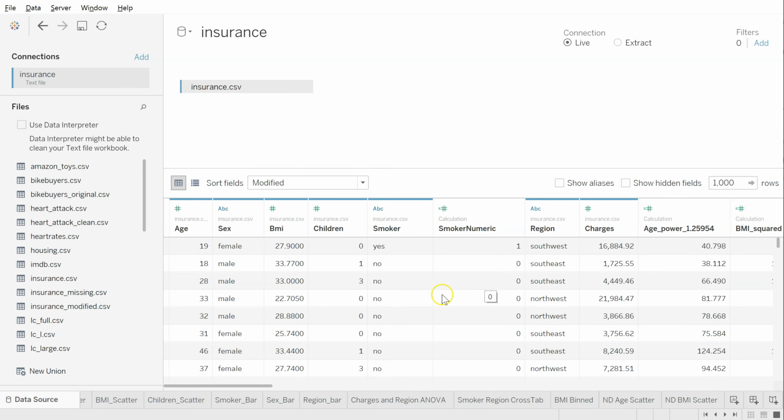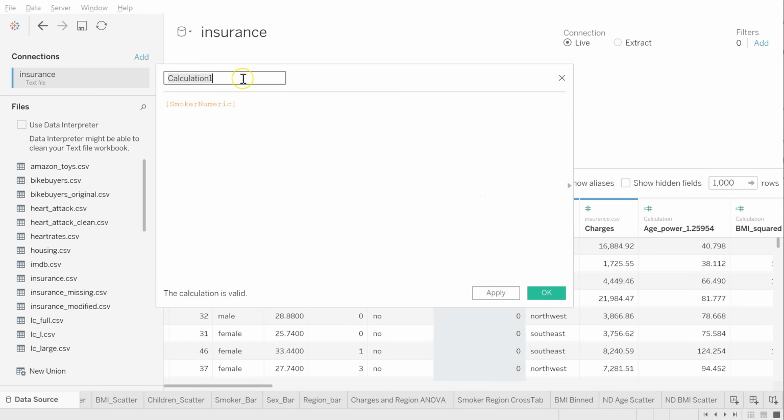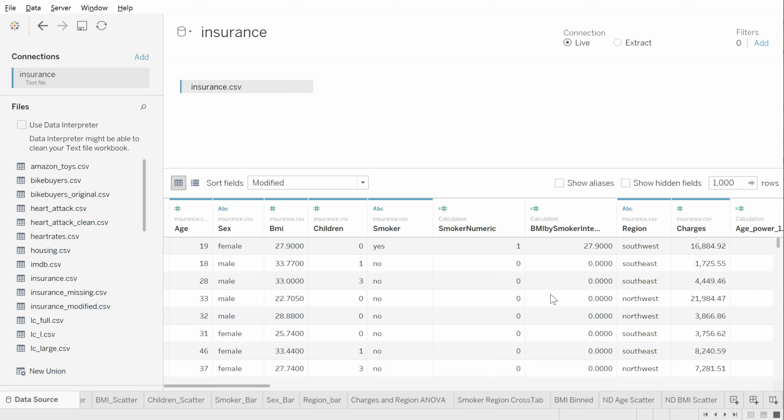Okay, so now that I have that, I'm going to make one more calculated field. And this one I'm going to call our BMI by smoker interaction. And this is simply going to be smoker numeric times BMI. All right, so here's our smoker numeric times BMI.